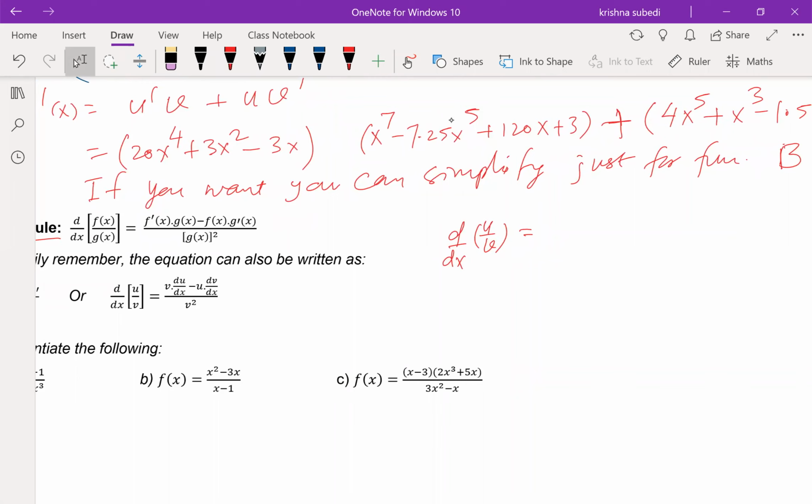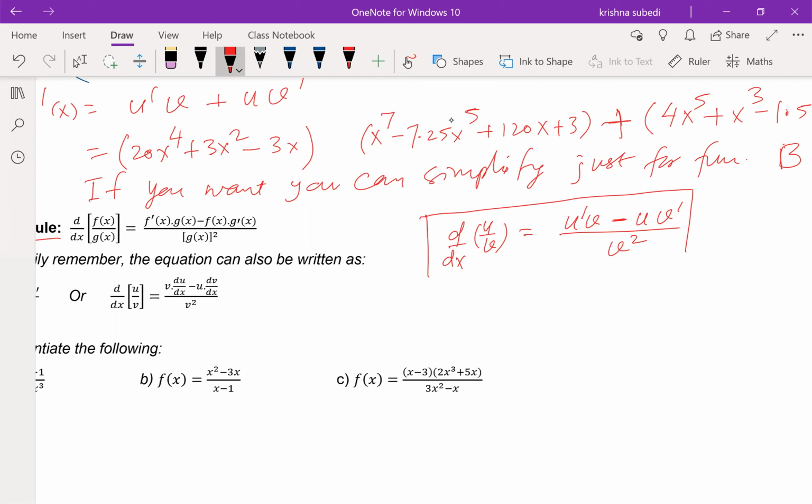You copy the same thing twice again here also, but this time with a negative sign because we are doing division, not multiplication. In the case of multiplication, we write the plus sign, but in the case of division, minus. And the same thing, derivative one at a time: derivative of u, and then derivative of v. But one more thing you need to remember is that you must divide that by v squared.